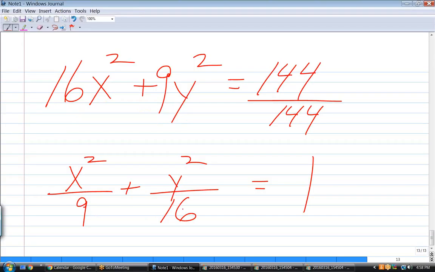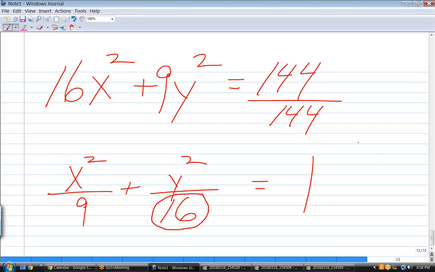So what is A? A is 4. B? 3. Correct. What kind of an ellipse is it? Vertical or horizontal? It is vertical. Remember, the A is now under the y.